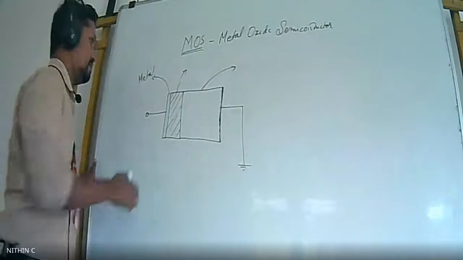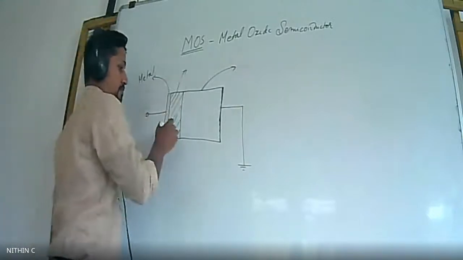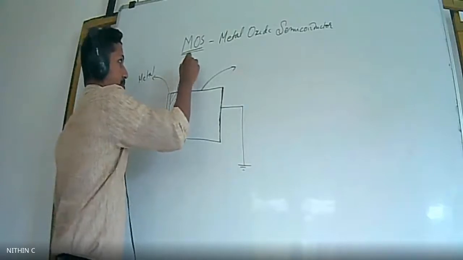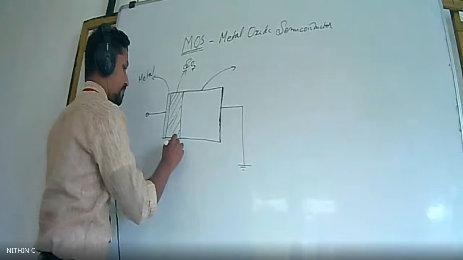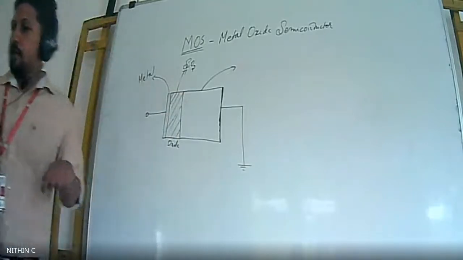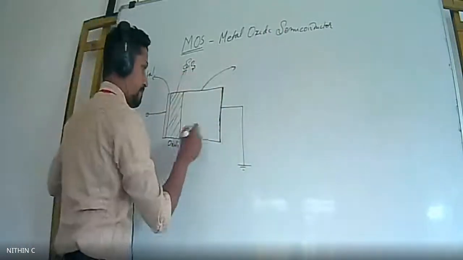You will be having a metal side, then an oxide layer in between the metal and semiconductor. This oxide is silicon dioxide. And this will be a semiconductor substrate, which we are going to take as P-type.